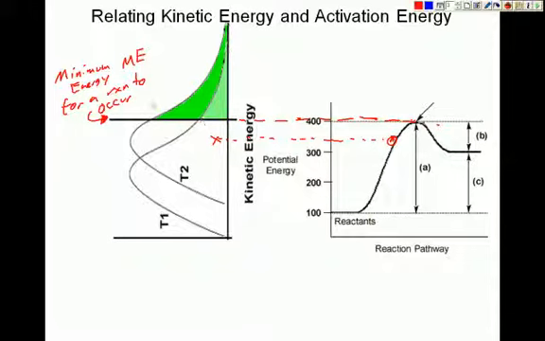This is how the distribution graph relates to this potential energy and activation energy graph. Normally on this graph you can't see any type of temperature or kinetic energy, but these two relate this way, through this line right here.